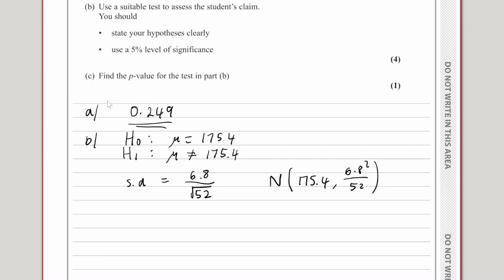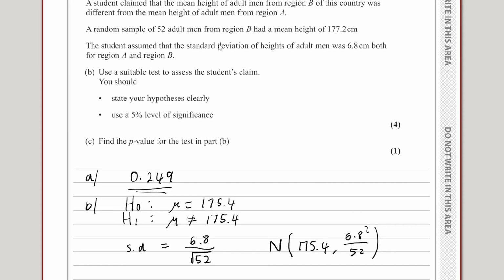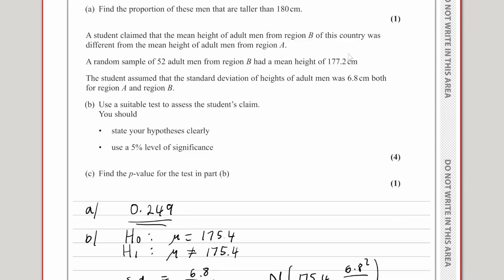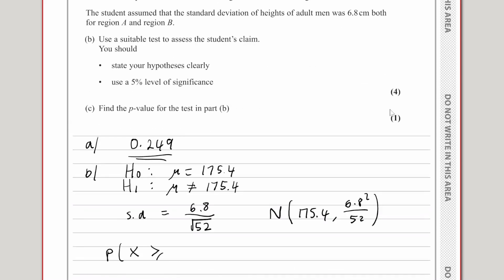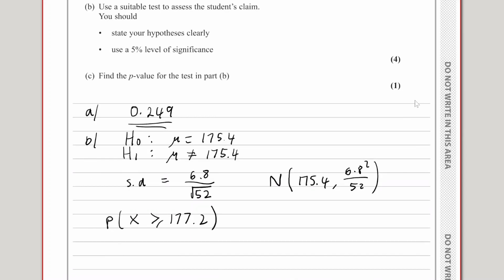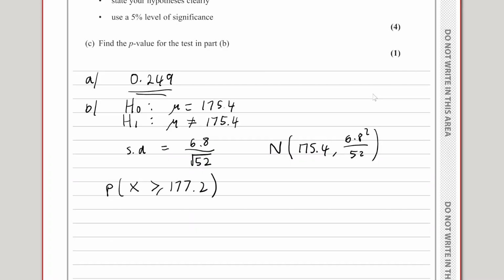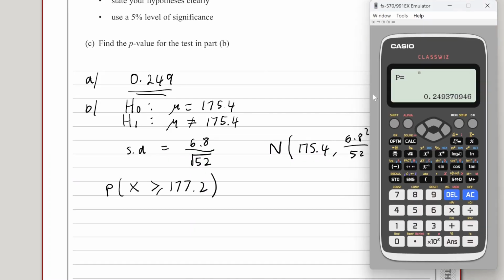And we want the probability that x is bigger or equal to 177.2. So we're just going to put it in the calculator and see what we get.